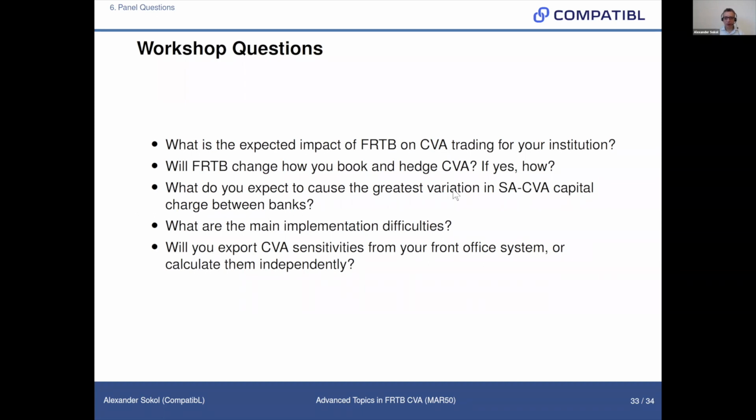All right, so let's move to the second one. Will FRTB change how you book and hedge CVA? That's related to the first question, but different. And if yes, how? I think one of the potential changes is what I just mentioned about having to do separate hedges when you hedge multiple things together, multiple types of CVA, multiple types of XVA, and PV and XVA together.